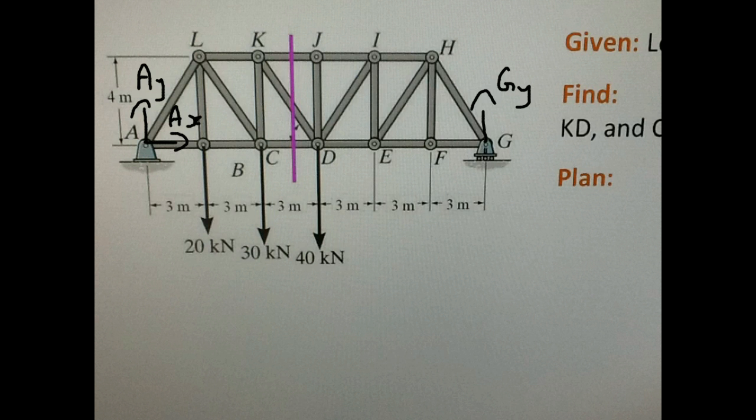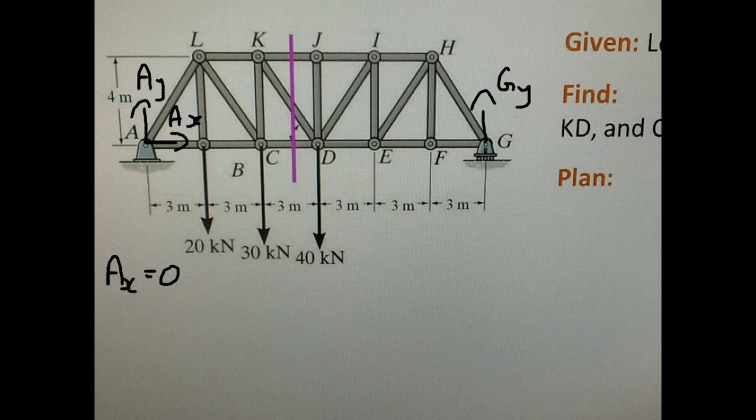The only force acting in the X direction is AX, and nothing else is pushing or pulling in that direction, so AX equals 0. Then we can find our forces at either AY or GY, or both.